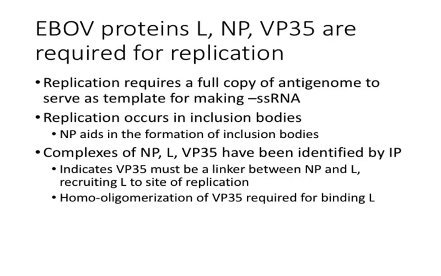It's always associated with the genetic material. It's always associated with negative or plus single-stranded RNA. And so VP35 brings L to the location where replication is going to occur. And these inclusion bodies are defined by staining of nucleoprotein, or NP particularly.